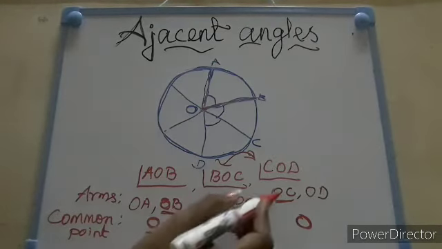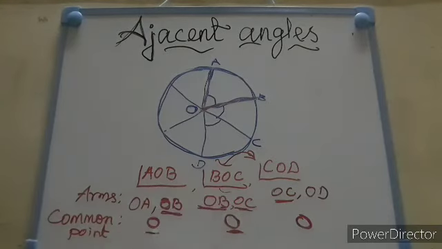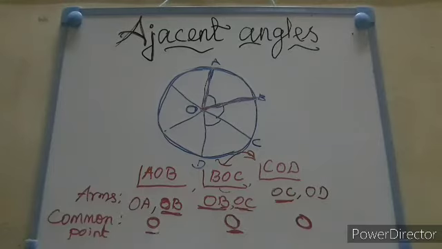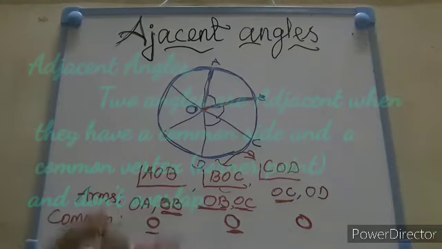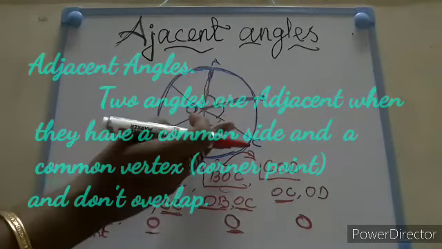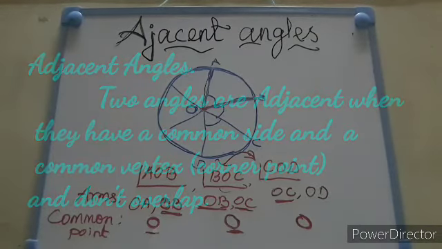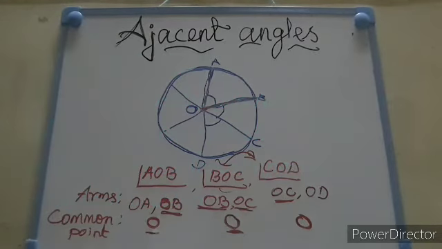So these two are adjacent angles, as well as the other two. Is it clear? How to find adjacent angles? It should have a common arm, it should meet at the same common point, and it should not overlap with any other angles. That is called adjacent angles.